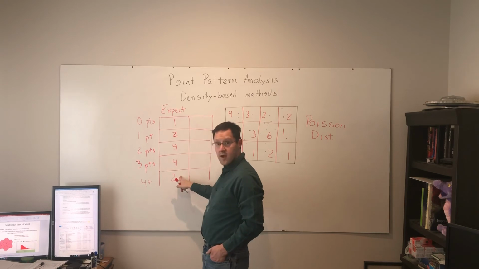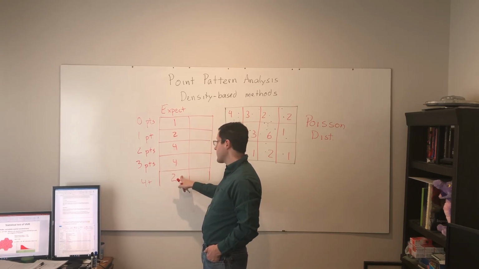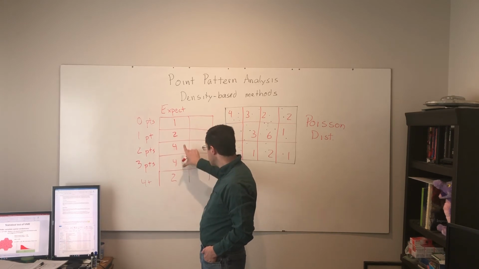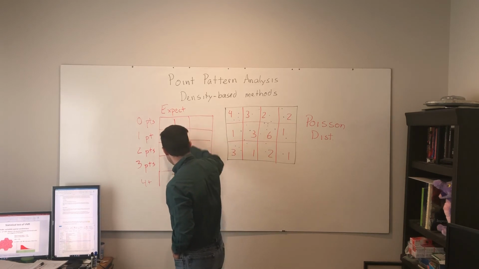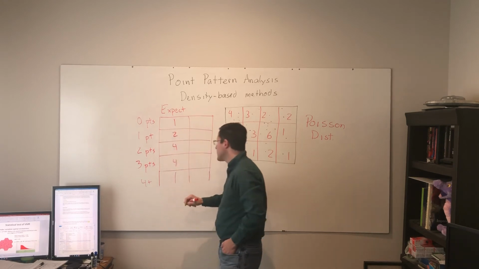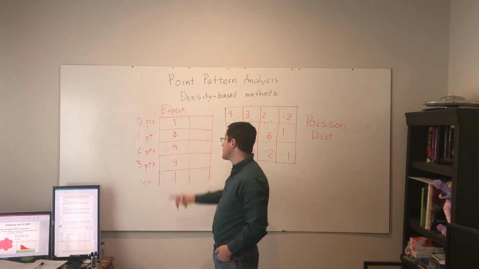And then maybe I would expect 4 or more points for the remaining 2 cells. There's 1 left to get to 12 total.